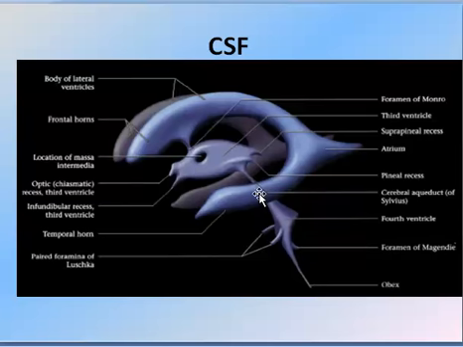Here is the aqueduct of Sylvius going to the fourth ventricle, then two exits: anterior of Luschka and posterior of Magendie. Spinal canal. This going on the surface of the brain will go to the arachnoid granulation tissue on the surface of the brain to be drained into the superior sagittal sinus.